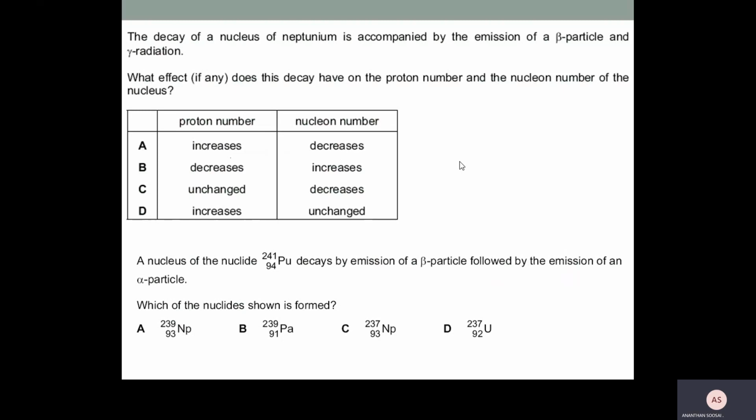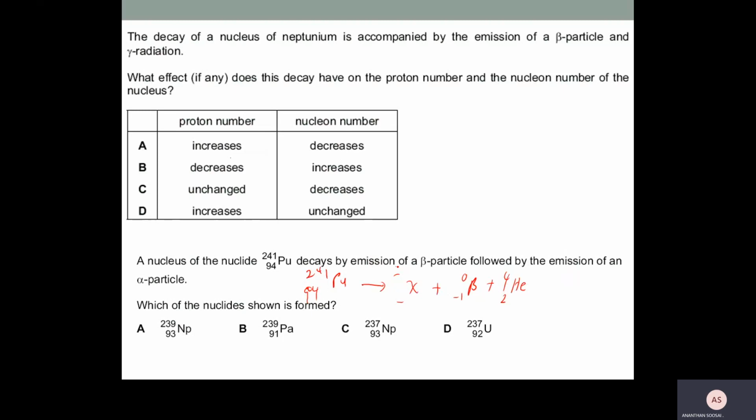Beta particle, reactant or product? It is the product. Beta particle is product, followed by emission of alpha. So alpha is also product. Both of them are products. What is the nuclide formed? So 241 Pu 94. It is never bombarded with anything. It just emits a new substance plus 1 beta, 0 -1, and 1 alpha, 4 2.